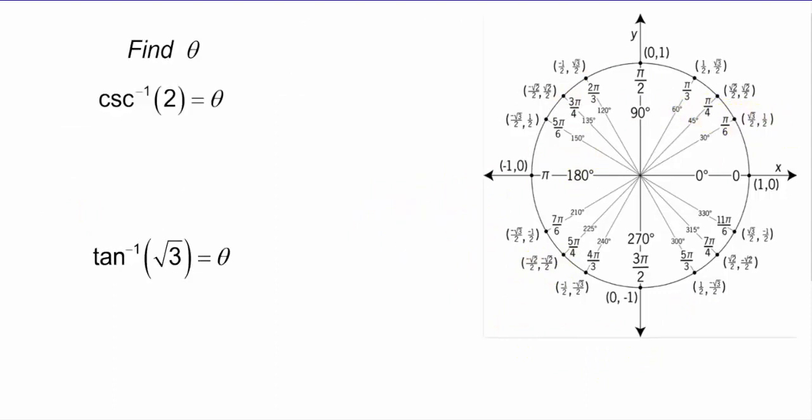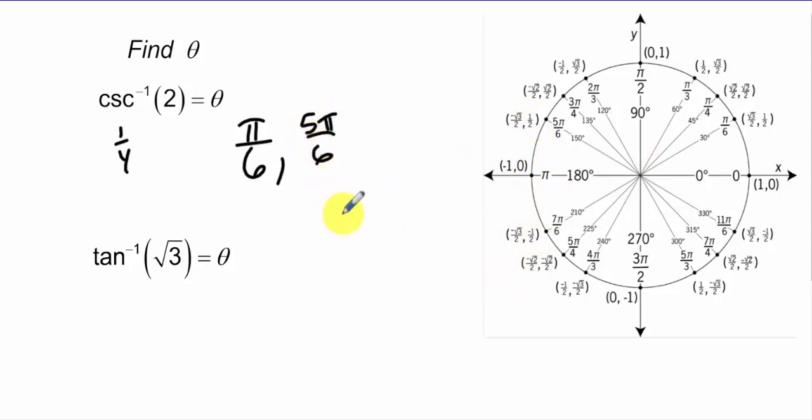Now, if I ask you again, where do I have a y value equaling 1 over 2, then I'm looking for y values of a half. And you'll notice I have one at pi over 6, and I have another at 5 pi over 6.